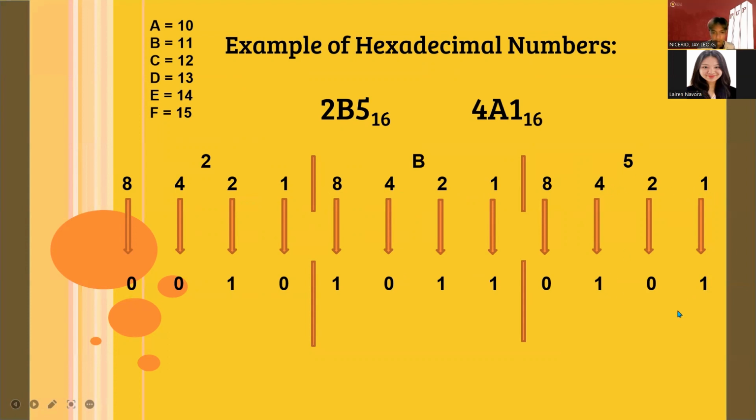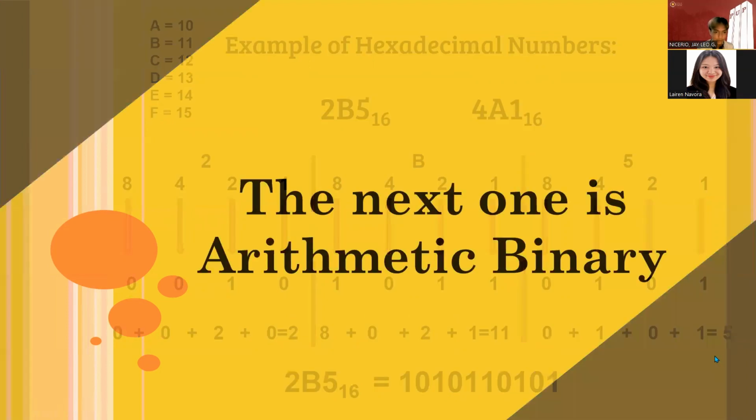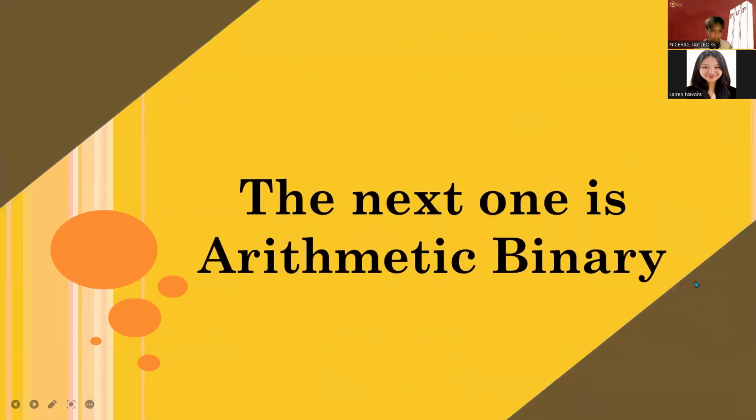So here 1 and 1. Here is the summation. And the equivalent binary digit of 2B5 subscript 16 is this, which is 0010 1011 0101.